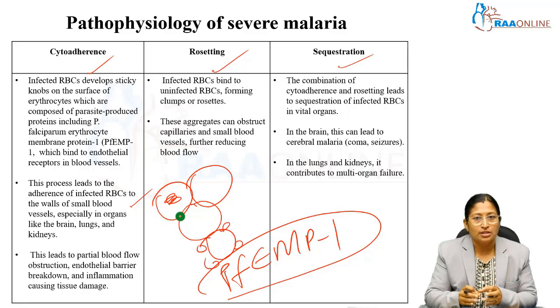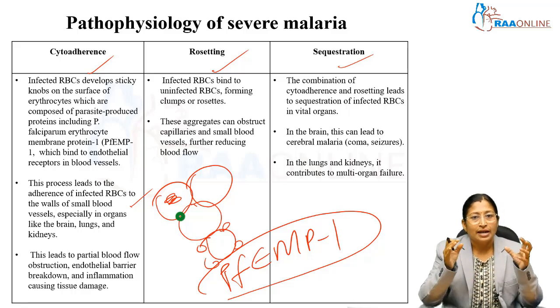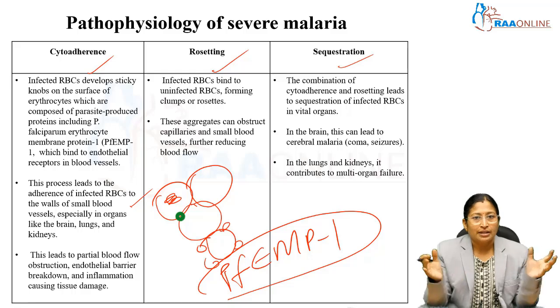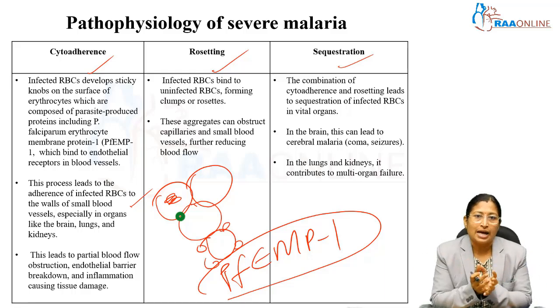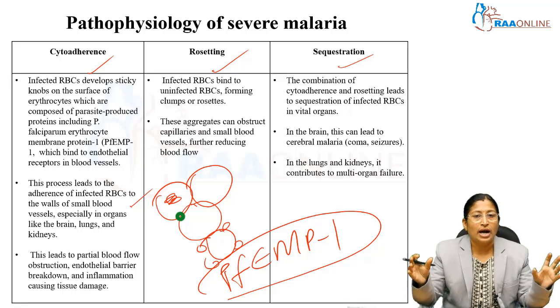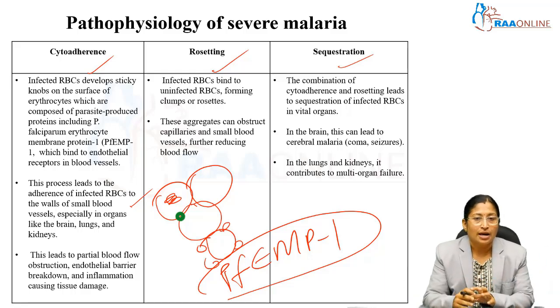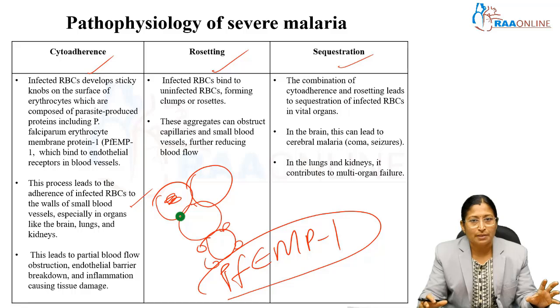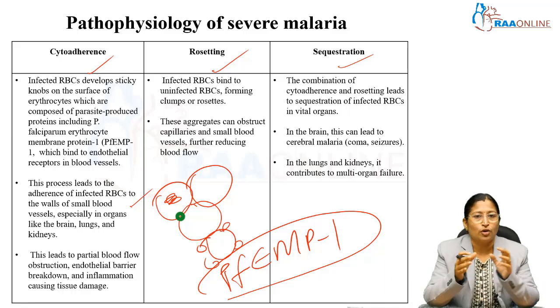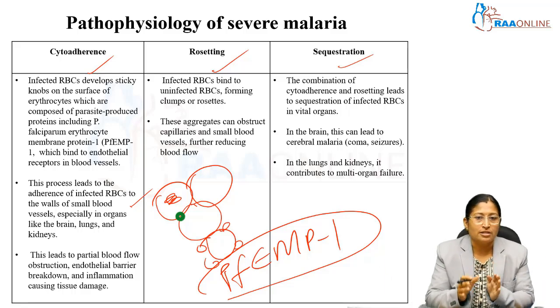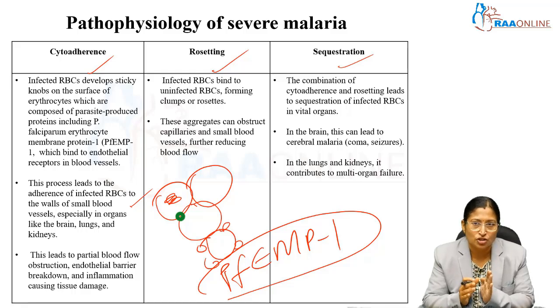There is another process called agglutination, in which infected RBCs clump with other infected RBCs to form aggregates. So rosetting is infected RBC binding to uninfected RBC, forming clumps. Agglutination is infected RBC binding with other infected RBCs to form clumps. All this again is going to cause microvascular obstruction.